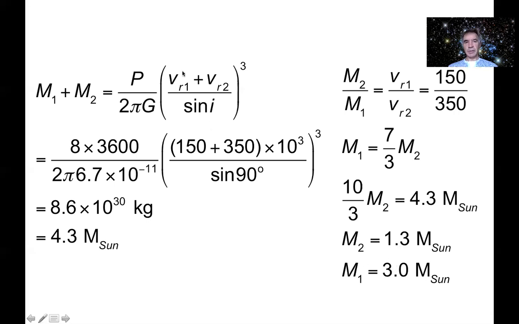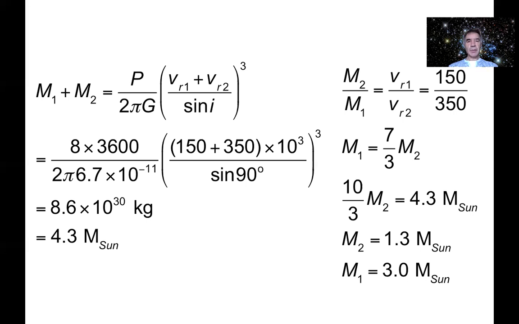Again, the radial velocity amplitude for star 1 is lower than it is for star 2 because it's the heavier star and it's nearer the center of mass, so it has a lower velocity. You can always sanity check your answers by thinking about that. So that's how that works in practice to derive masses of stars using typical values.